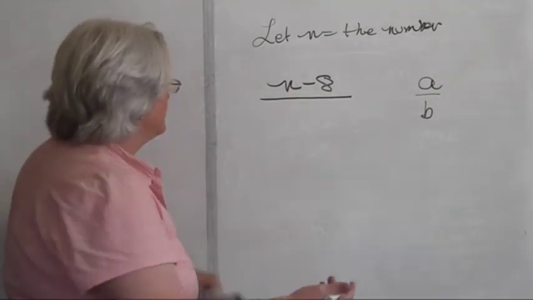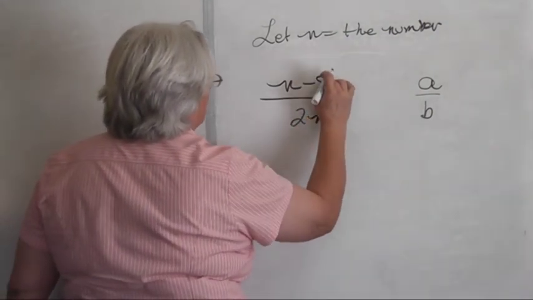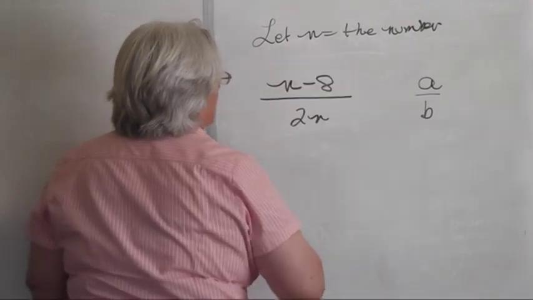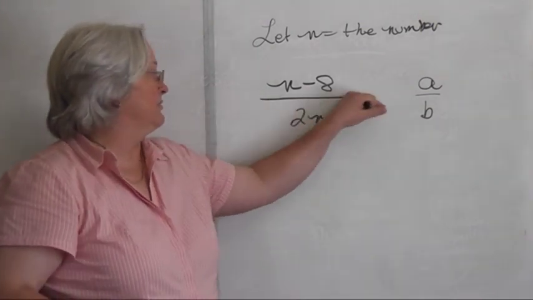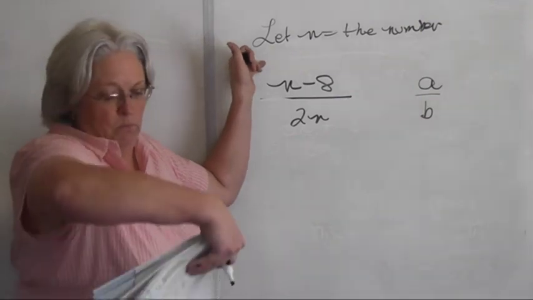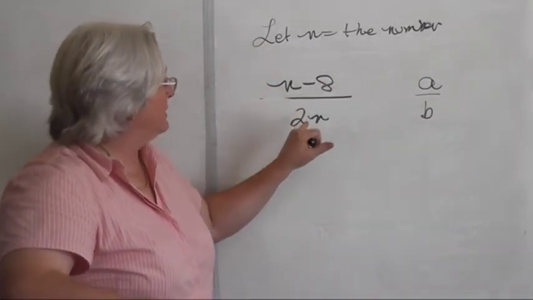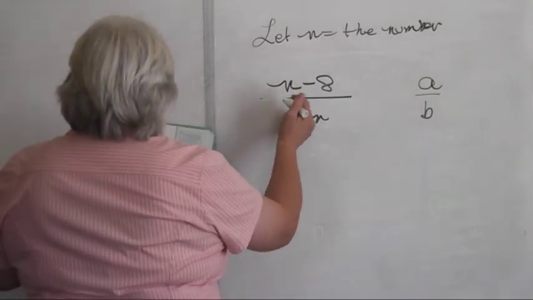And twice the number. 2 times the number. The way that we have this set up here is the quotient of, we have the fraction here, which means we're going to divide. And the difference of a number and 8 and twice the number. So that's how you solve that one.